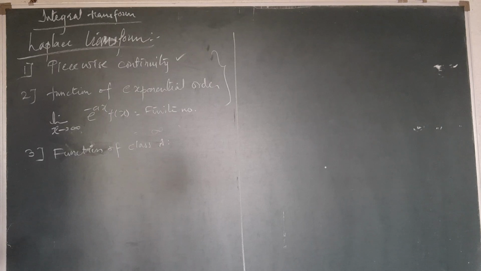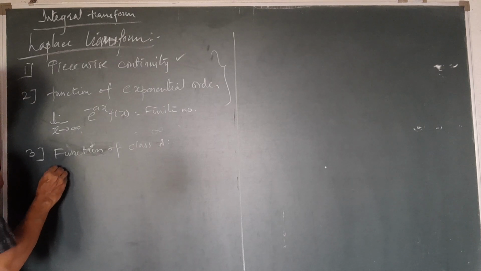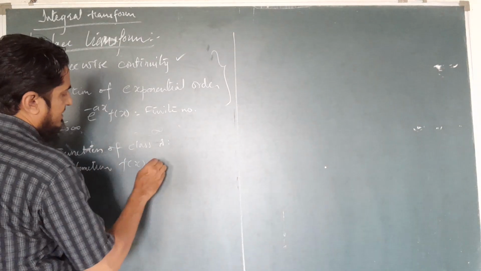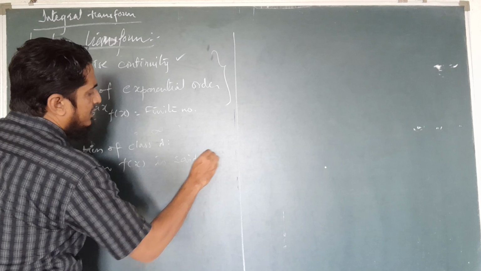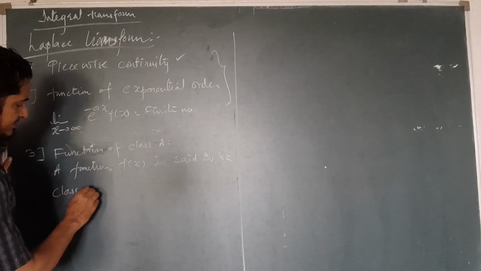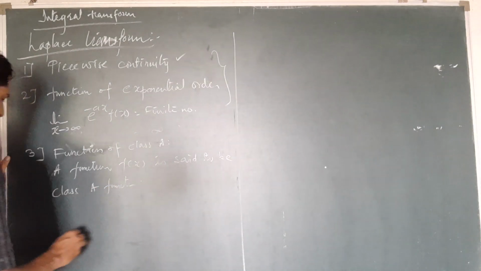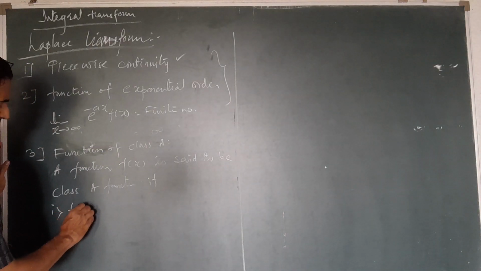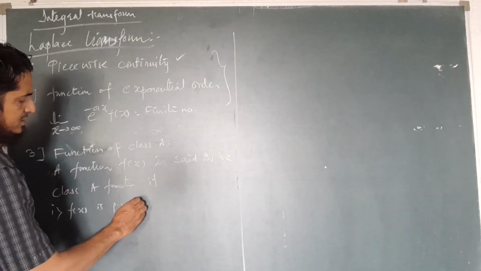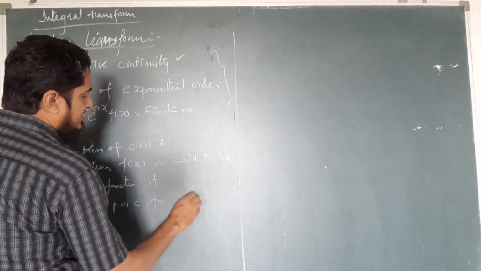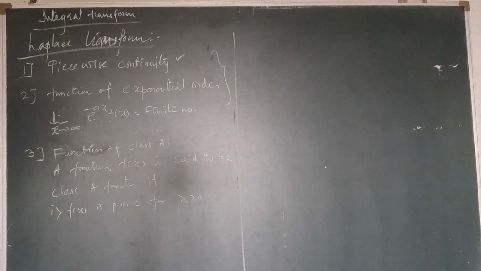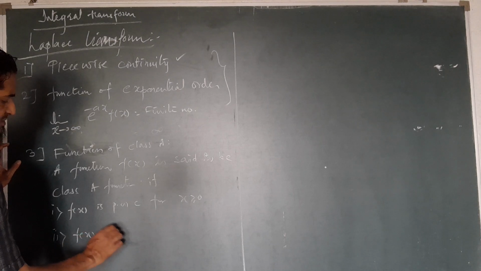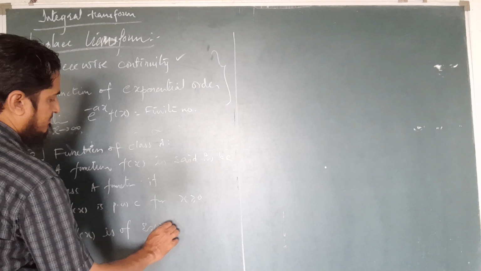A function f of x is said to be a class A function, the first condition, if f of x is piecewise continuous for all x greater than or equal to 0, and the second, f of x is of exponential order.